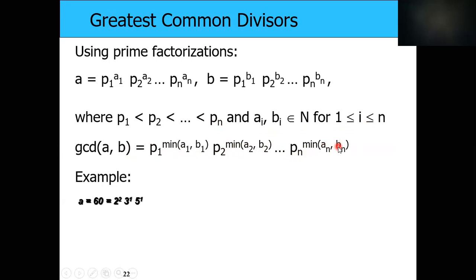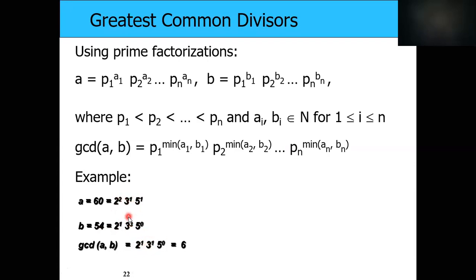If you look over here at the example, A is 60, which can be written as a product of powers of primes: 2 to the power 2, 3 to the power 1, 5 to the power 1. And 54 can be written as 2 to the power 1, 3 to the power 3, 5 to the power 0. Dear student, for 2 we take the minimum of the powers: the minimum of 2 and 1 is 1, so I put it over here.